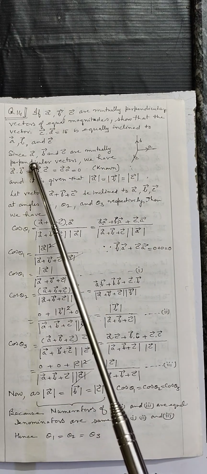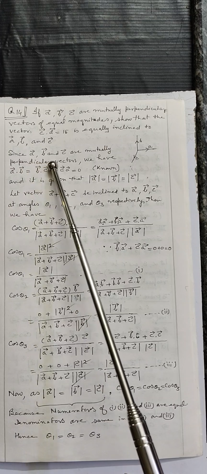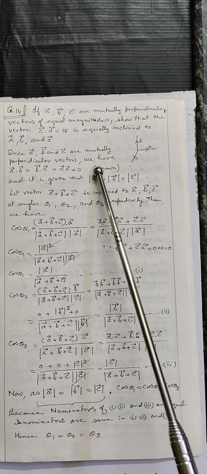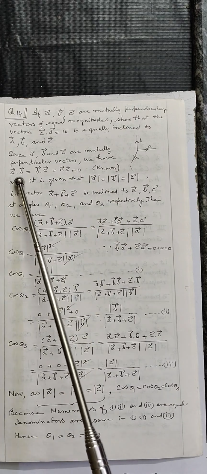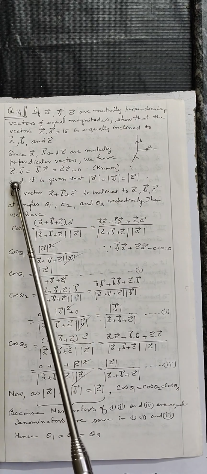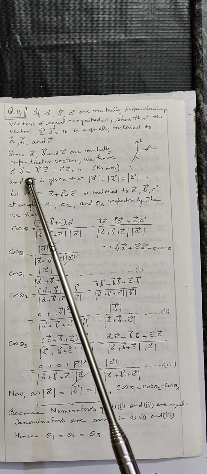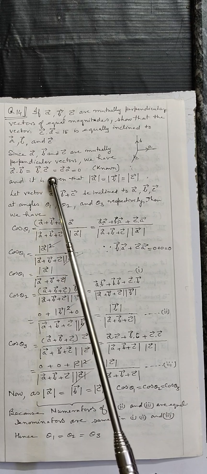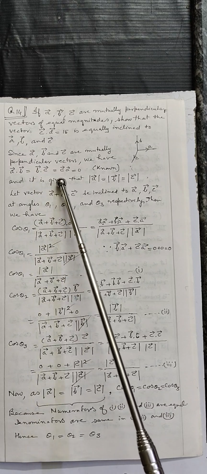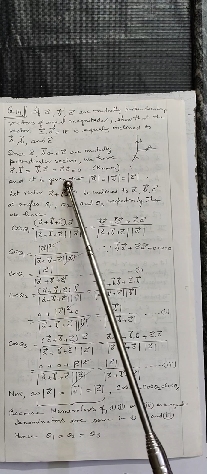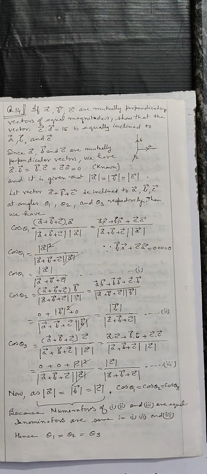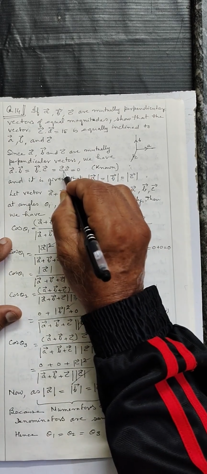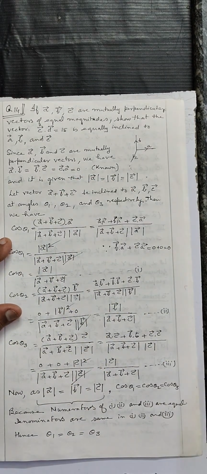Since vector A, vector B and vector C are mutually perpendicular vectors, we have vector A dot vector B is equal to vector B dot vector C is equal to vector C dot vector A is equal to 0.